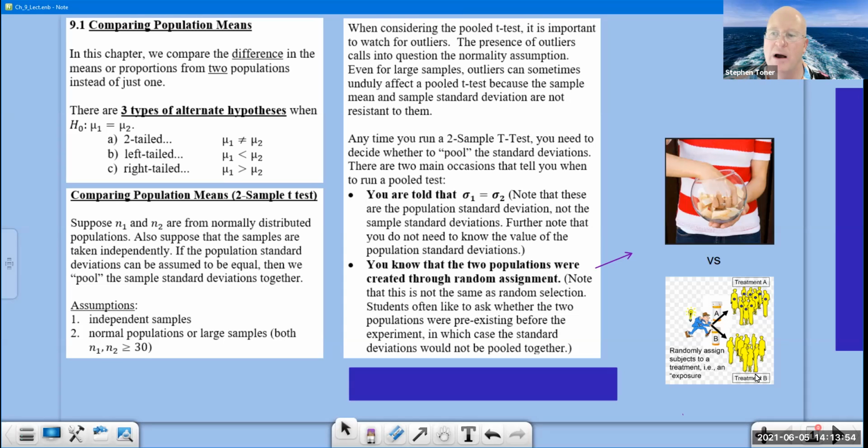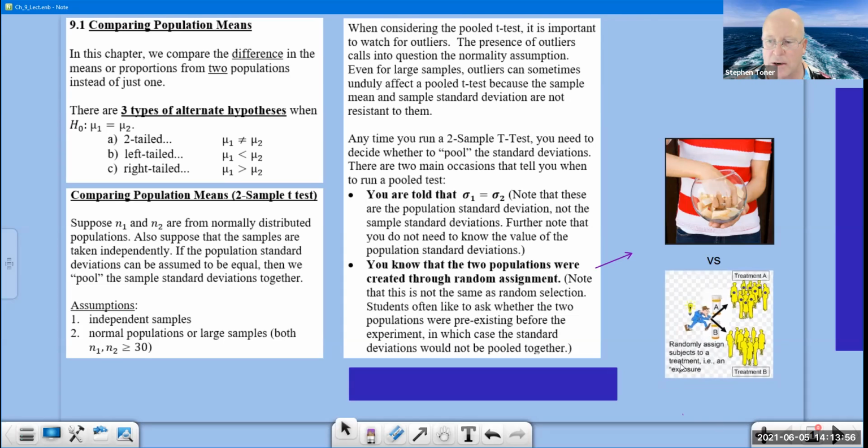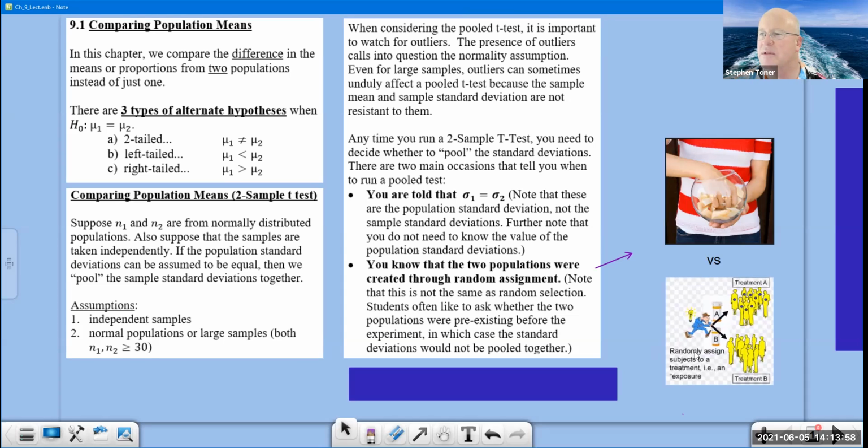We're talking about this second one here, like when you want to put people into a control group versus a treatment group. You don't want to bias one group over the other by who you choose to be in which group. So when you choose them randomly, you're eliminating that bias, but you also can assume that the composition of the two populations is roughly the same.